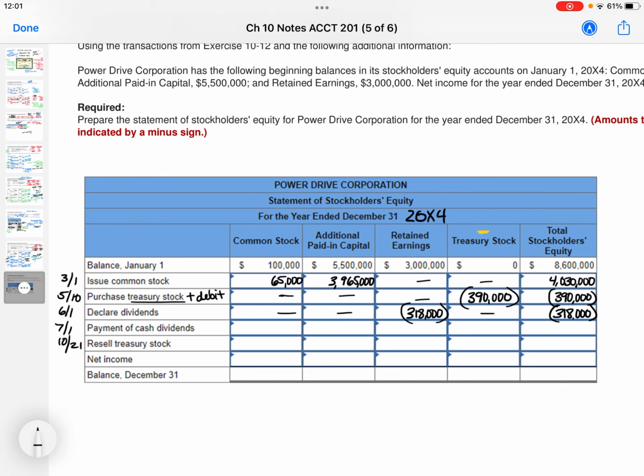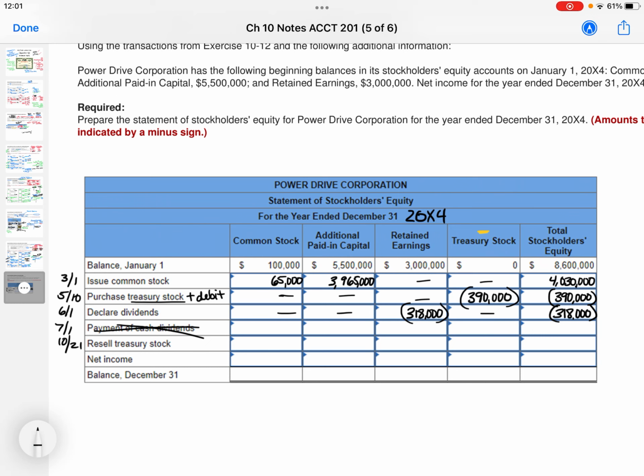The payment of dividends doesn't actually go on this statement. Of course, they include it in a line, but it wouldn't. It would technically need to be swiped on here. The declaring of the dividend is the only entry that affected an equity account. We did equity and then liability, and actually paying the dividend was liability and an asset account. Nothing to do with equity. So this one has nothing.